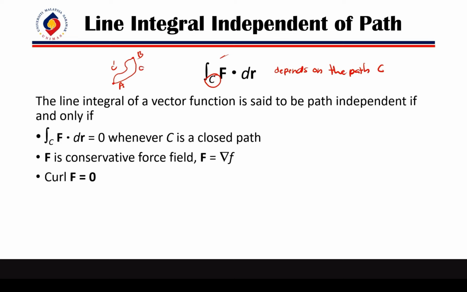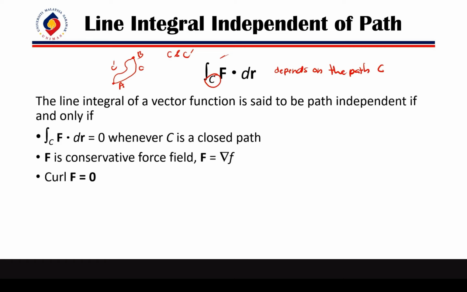So suppose we have two curves, C and C prime, starting at the same point and ending at the same point here. This doesn't mean that the curves C and C prime will give the same value.